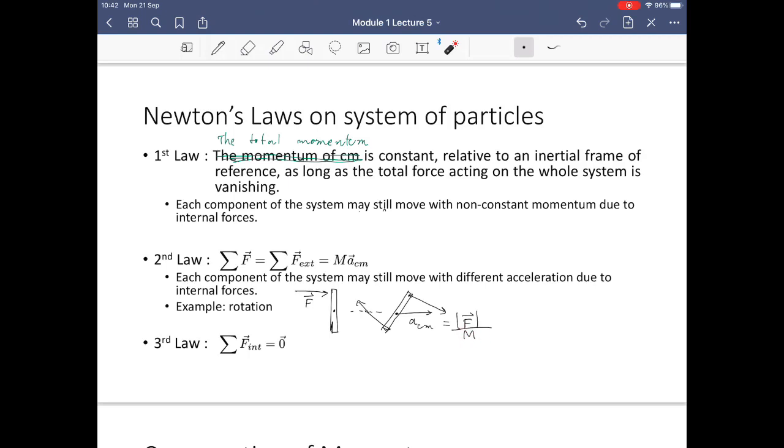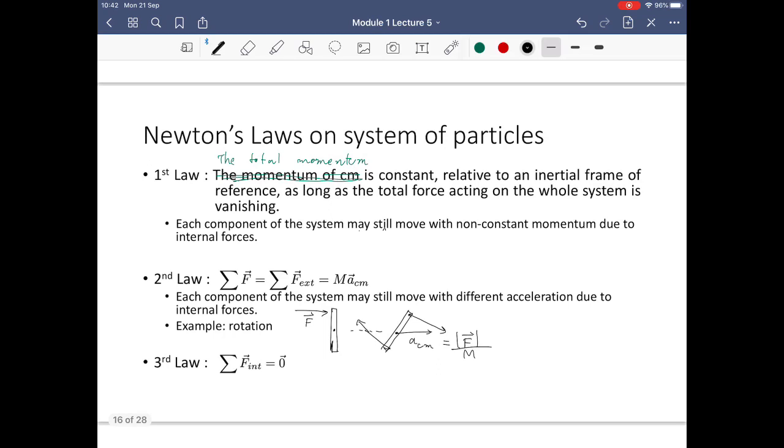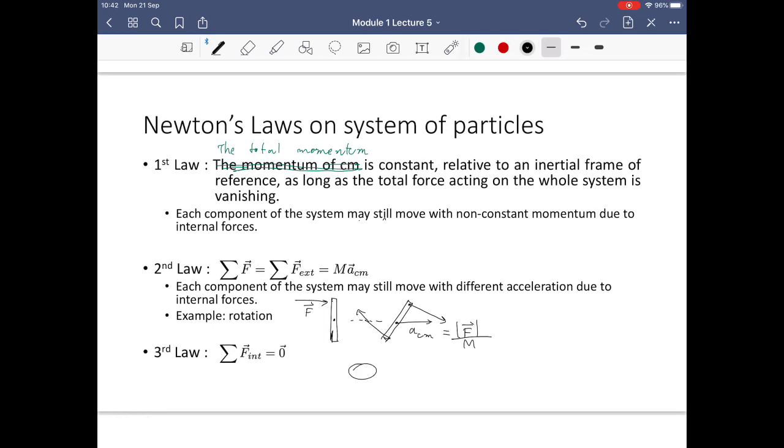Okay, now Newton's third law applying to a system of particles says that the total internal force would be 0. Okay, what does that mean? If you remember the previous discussion that we talked about, the Buffy and the man that's trying to pull this guy.